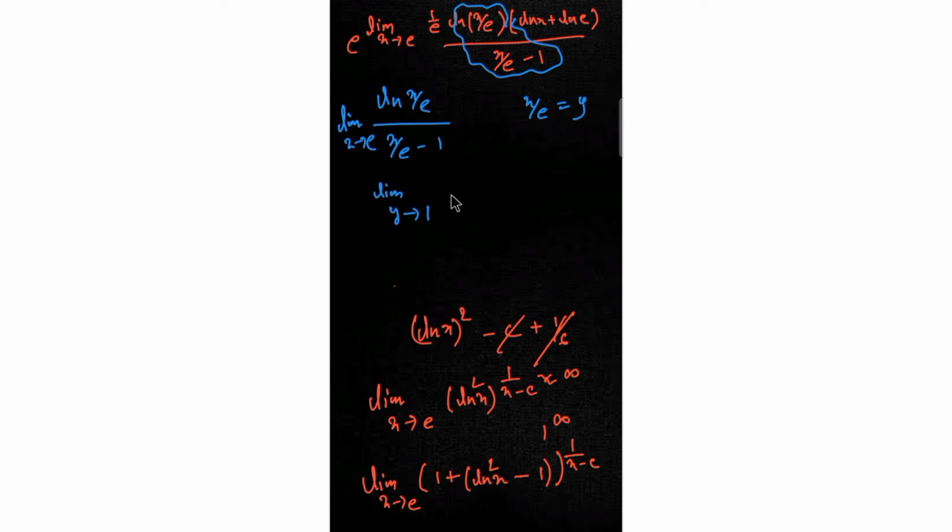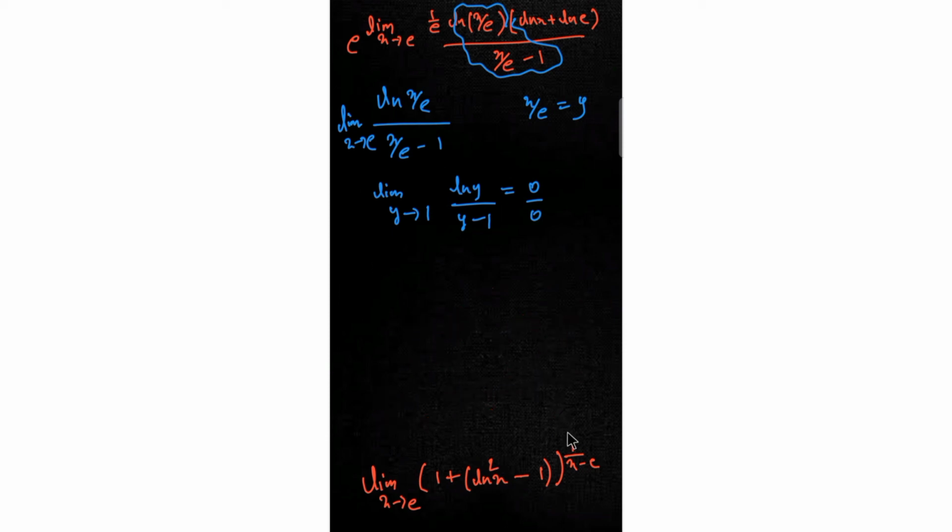So limit y tends to 1 of ln y divided by y − 1. If I put 1 here, I get 0 here and 0 there, so it's a 0 by 0 form. For that purpose I can use L'Hôpital's rule and solve this to get the value.